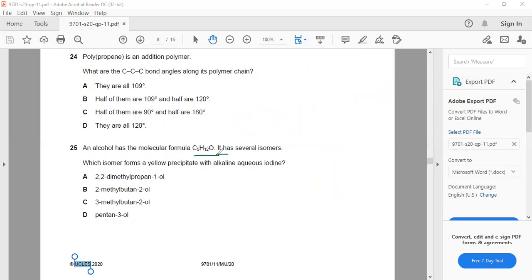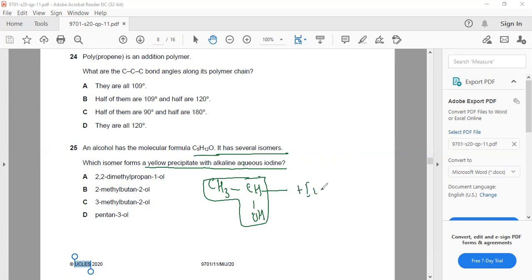Alcohol, it has several isomers. Yellow precipitate, iodoform reaction, try the iodomethane test. Which alcohol does this? The alcohol which has OH on a carbon having at least one H, with this group. This alcohol gives a yellow precipitate with alkaline iodine.